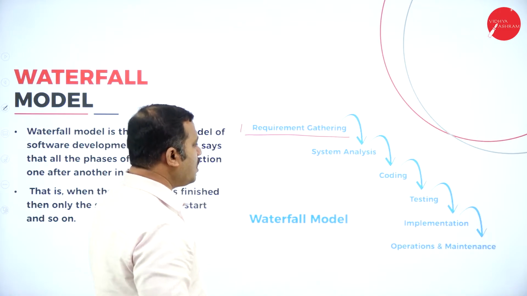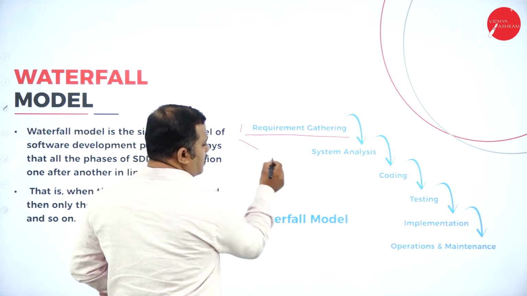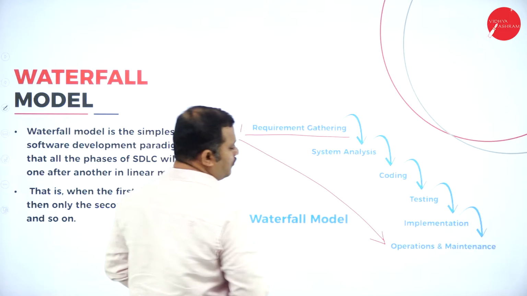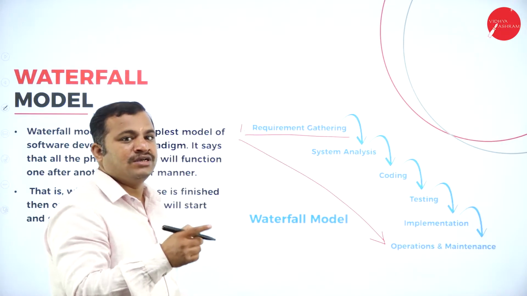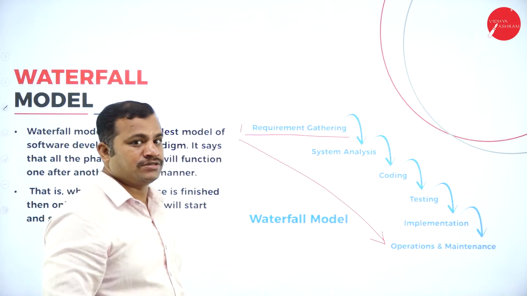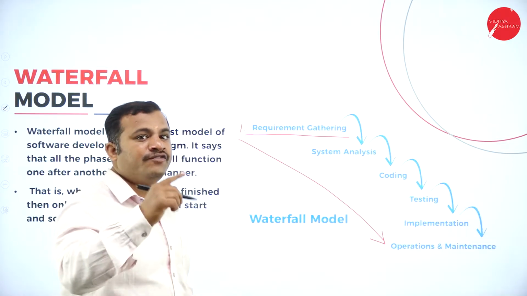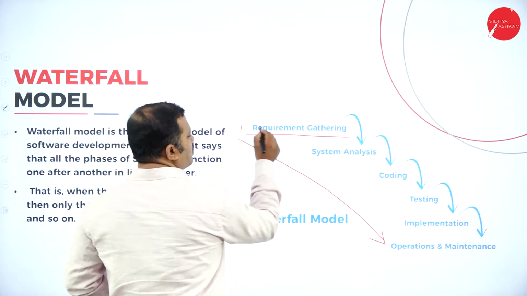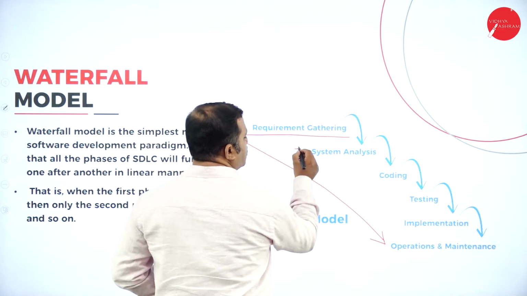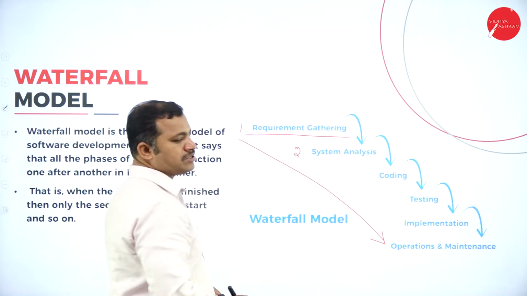In this, you are observing a graph moving downwards, which indicates that after the completion of every phase, the next phase begins. After the completion of requirements gathering, the system analysis begins.